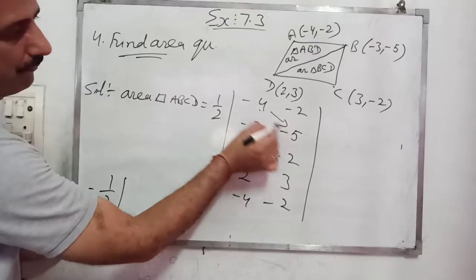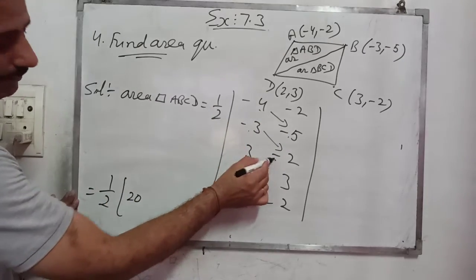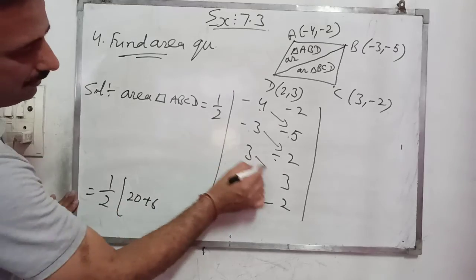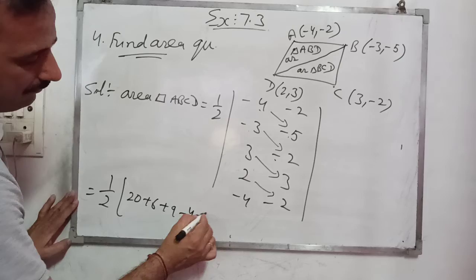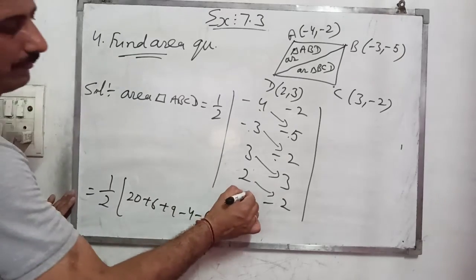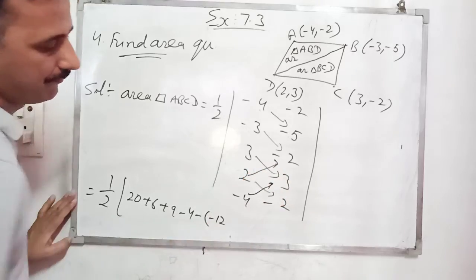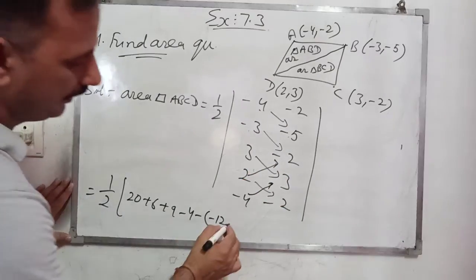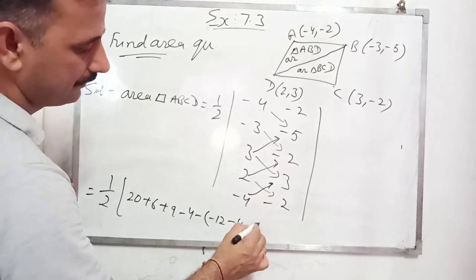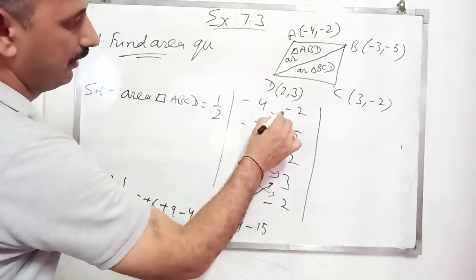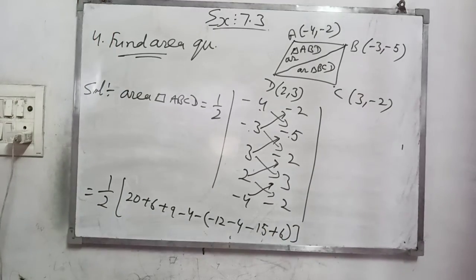That is 1 upon 2, multiply it: 4 fives are 20, plus 20, minus, plus 6, again plus 9, then it becomes -4. With the negative sign we can reverse these things: -12, then -4, then -15, then plus 6. Now open that one.